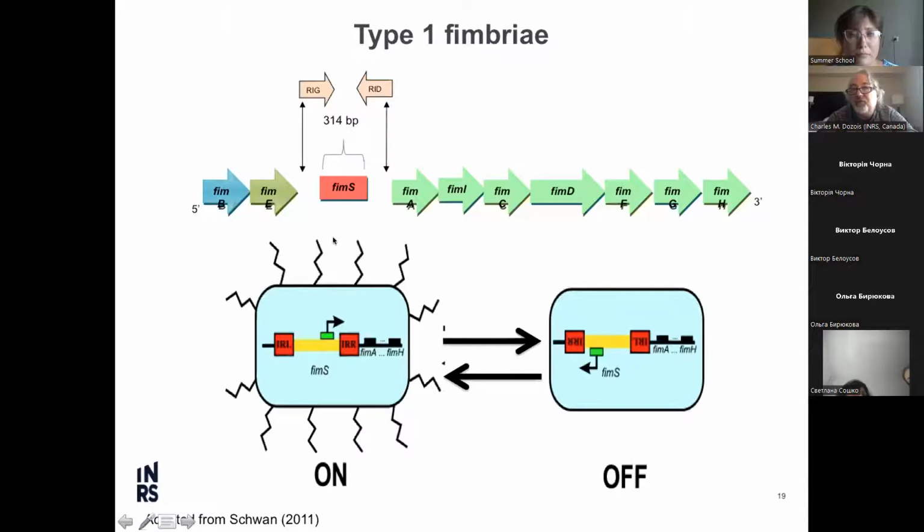And since these fimbriae are important for urinary tract colonization, our group was interested in trying to understand what factors can control the production of these fimbriae, and are there new regulators that haven't been identified yet that could be of interest in understanding the pathogenesis linked to type 1 fimbriae. The whole production and secretion of these factors may also be altered by changes in the cell physiology in general.